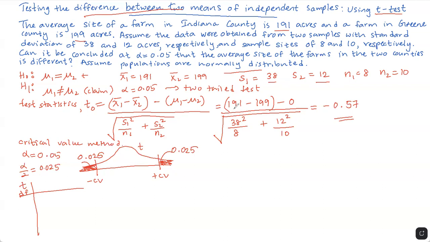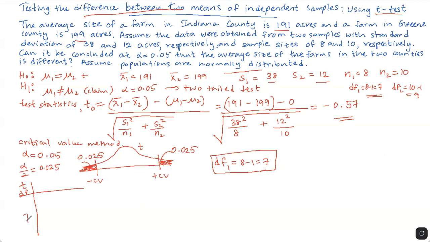So in this case, we use the smallest degrees of freedom. Degrees of freedom 1 is 8 minus 1, which is 7. Degrees of freedom 2 is 10 minus 1, which is 9. Since the variances are unequal, we use the smallest, which is 7.